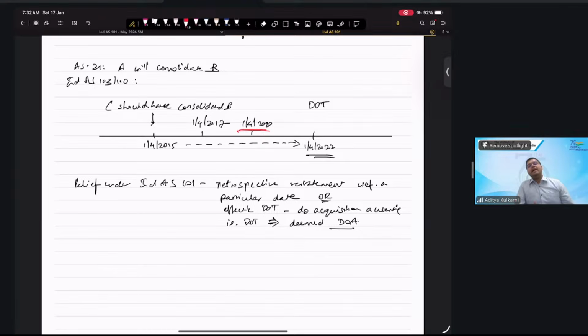Restatement makes everything change. Your assets taken over will change, liabilities will change, purchase consideration will start including contingent consideration. Basically, all what you did in Ind AS 103, everything will come. You will have the complete net assets coming in. Along with that, you will also have non-controlling interest and you will have goodwill or capital reserve.